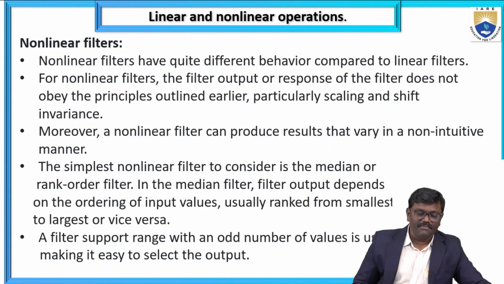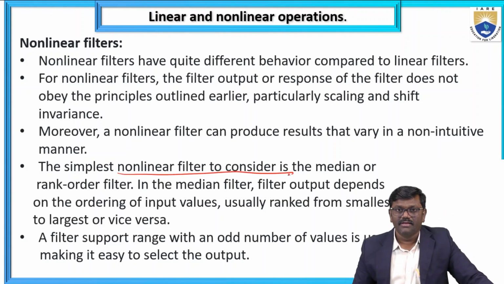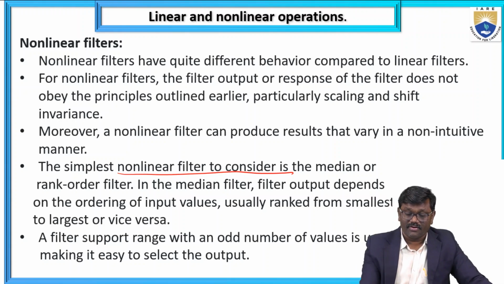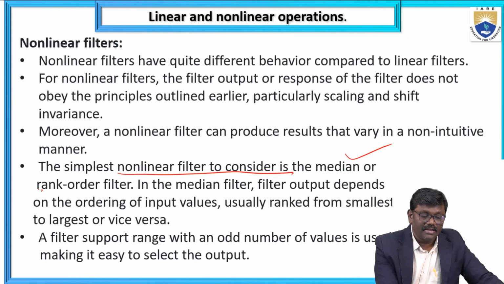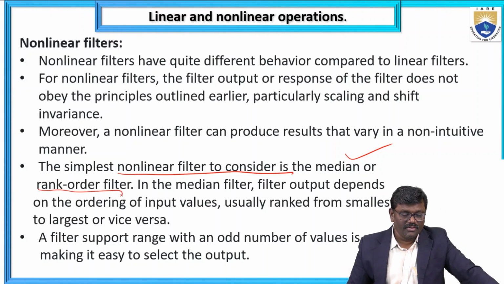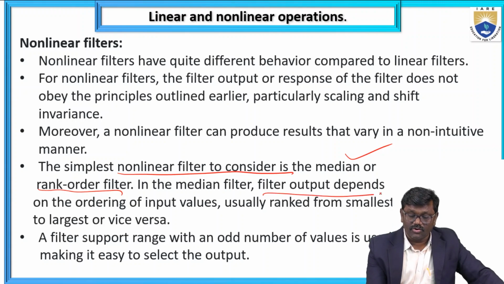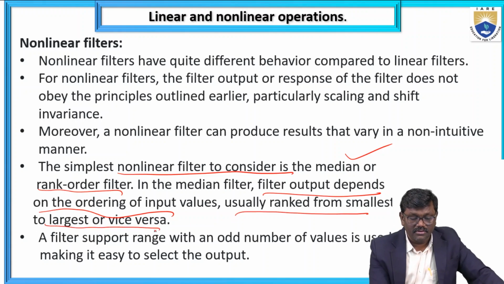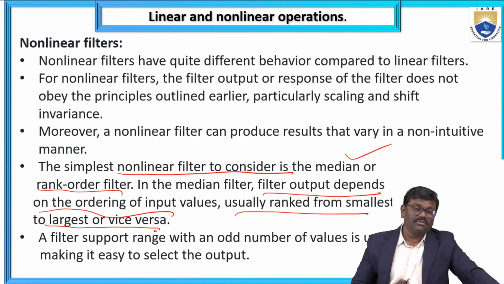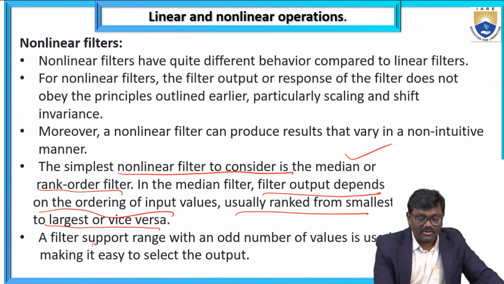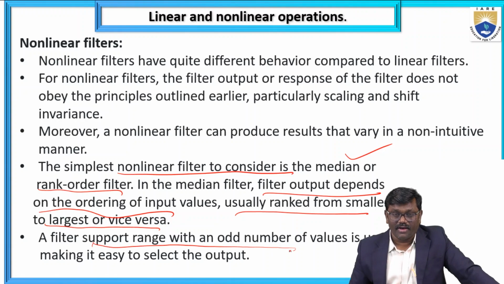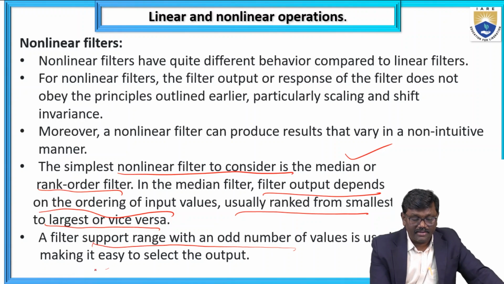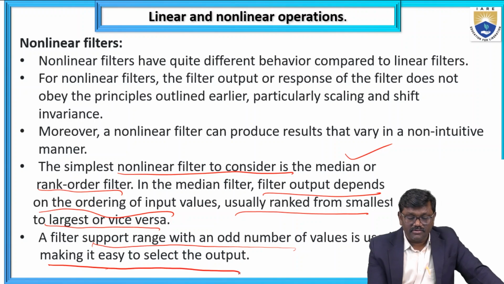The simplest nonlinear filter is the median filter, or rank order filter. The median filter output depends on the ordering of the input values, usually ranked from smallest to largest, or vice versa, large to small also. The filter support range with an odd number of values is used, making it easy to select the median.